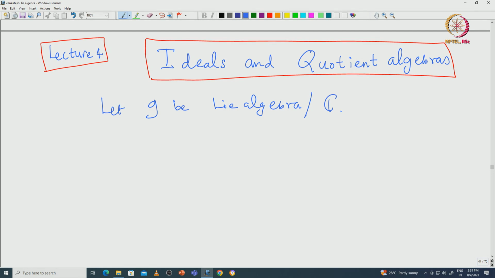So, if I have a linear map which is also a Lie homomorphism from G to G dash, let us say phi is a Lie homomorphism, then we look at what is called the kernel of this map.